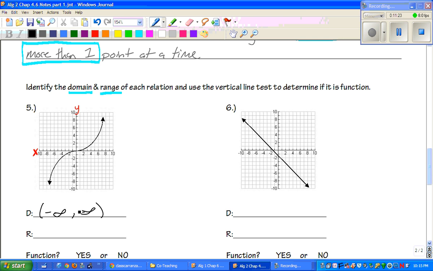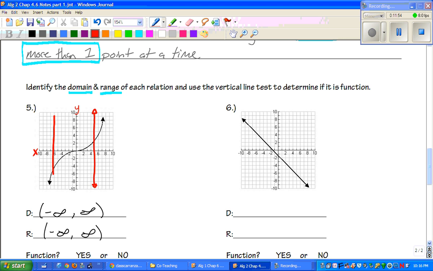Remember the closed brackets, or the open brackets, because it doesn't have an end. That's a reminder. And the same thing with the range. Look at, it's going to keep going down, and it's going to keep going up, okay? So negative infinity to positive infinity. Now, the vertical line test says that you can draw a vertical line, and it's only going to cross one point.